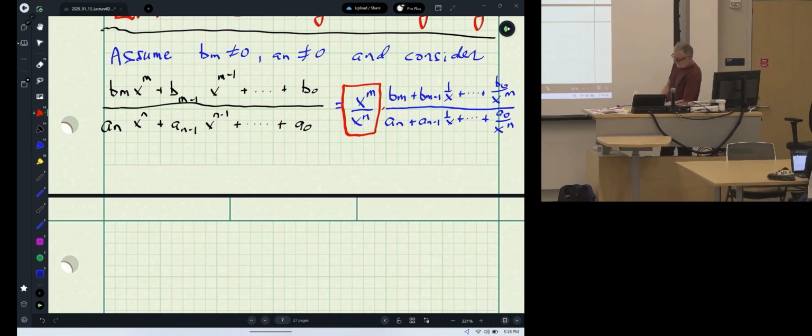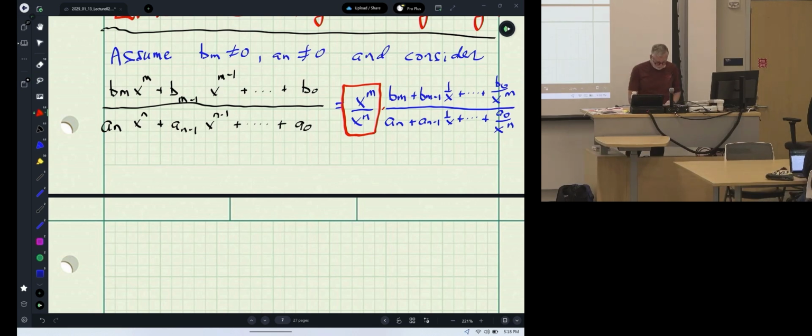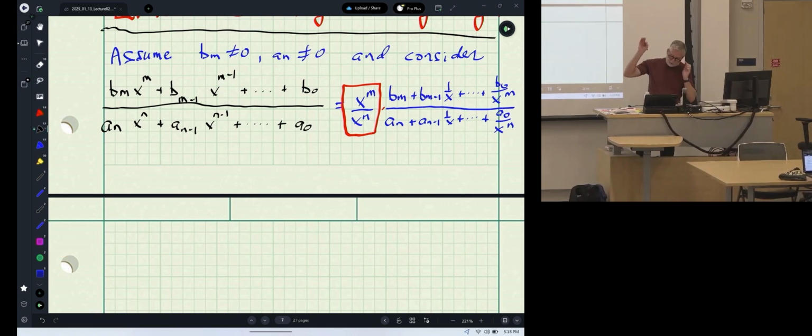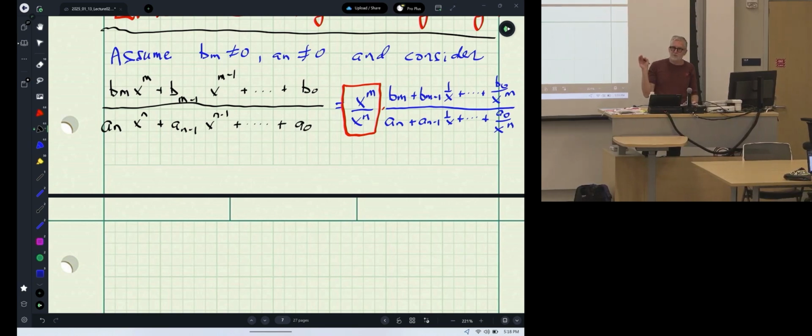Now, why is that useful? What happens to 1 over x when it gets large? Goes to 0. What happens to the 1 over x squared when it gets large? 0. And 1 over x to the m when x gets large also goes to 0.